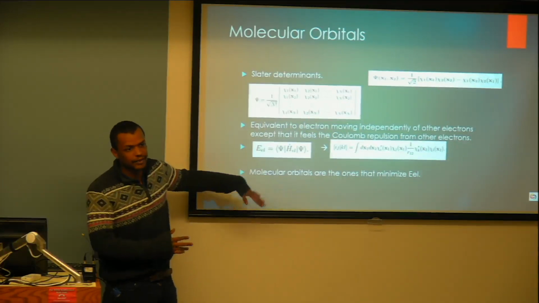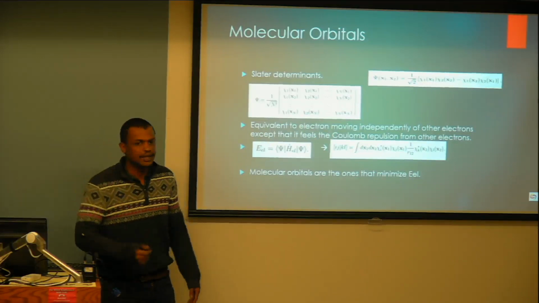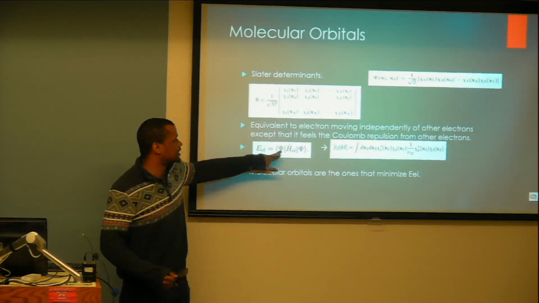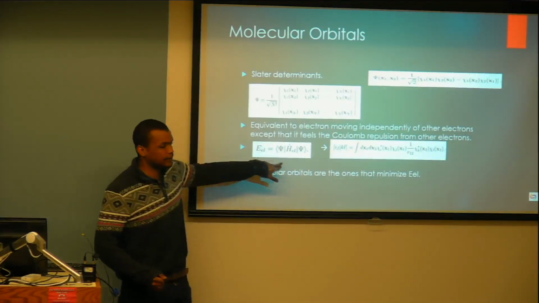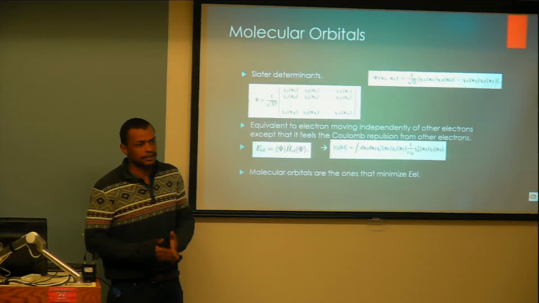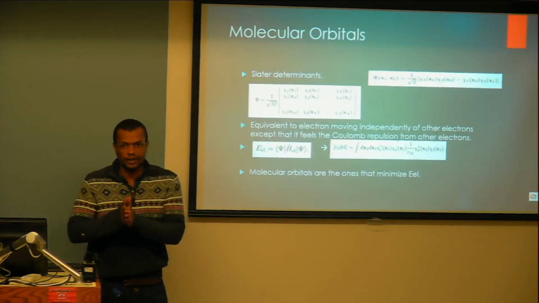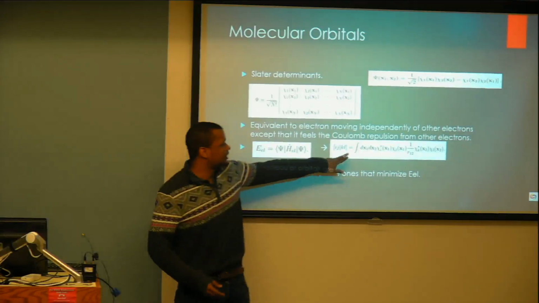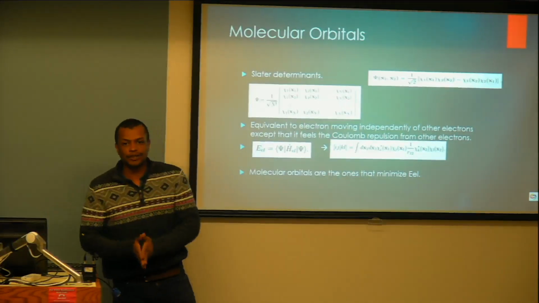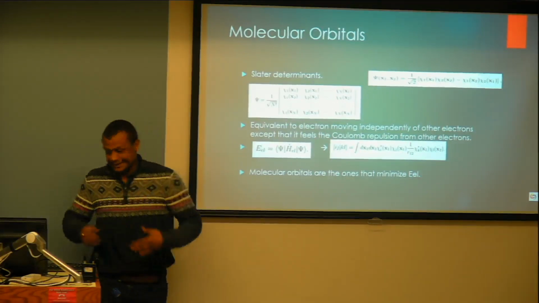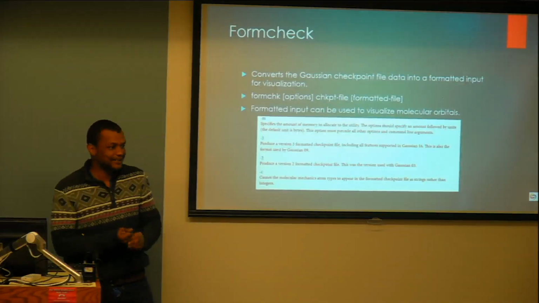I forgot the name of it, but the energy is supposed to be higher, so we can change the parameters of this wave function to minimize the energy, and that gives us the molecular orbitals. This is what the computer does for us using the Hartree-Fock method. That was the hard part.